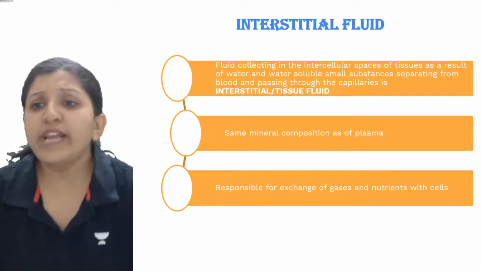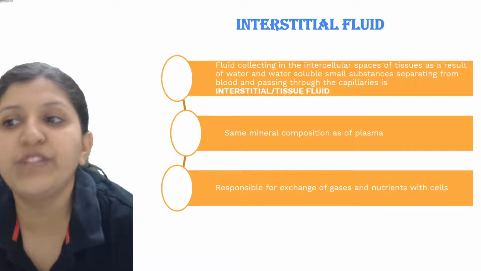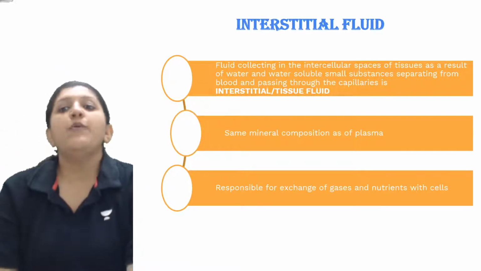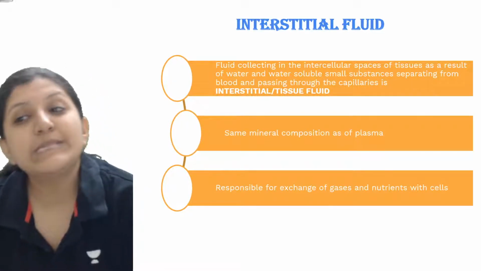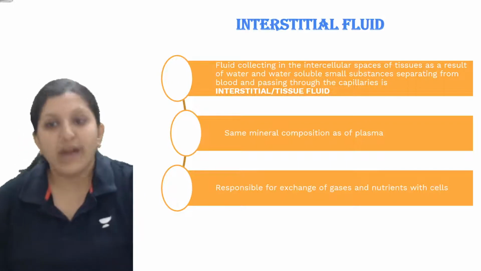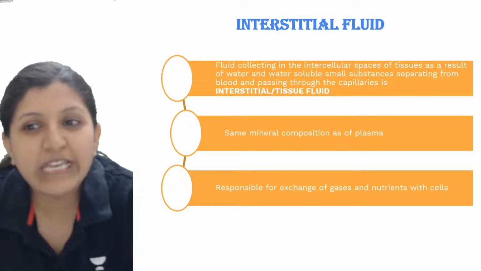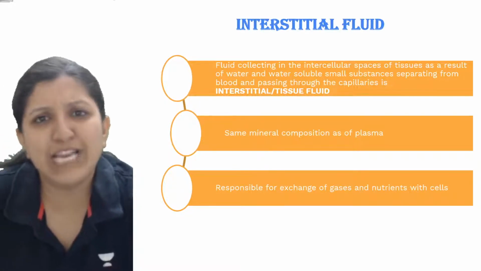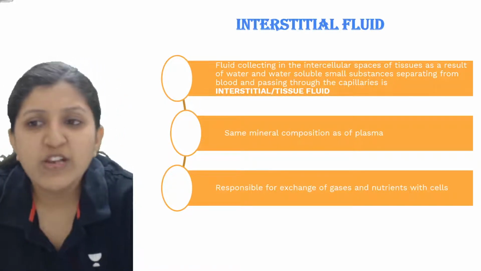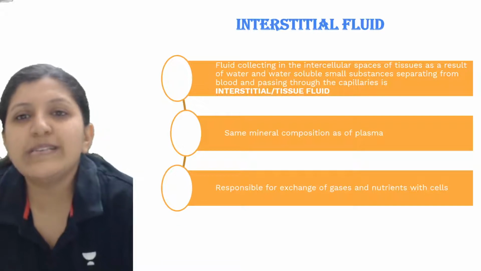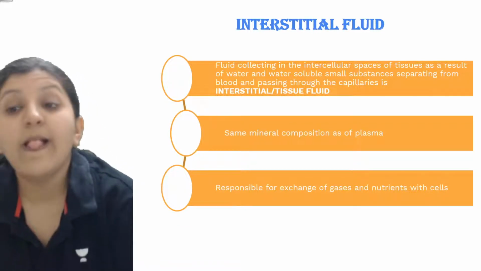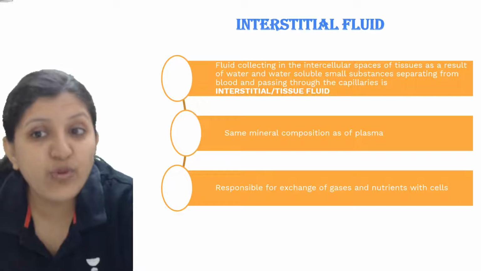Okay, so it is fluid collecting in the intercellular spaces of the tissues as a result of water and water soluble small substances separating from blood and passing through the capillaries. So there is a certain kind of leaking, or we can say passage through the capillary pore. So through these capillary pores there is a fluid that is leaking out, and what exactly does that fluid consist of?